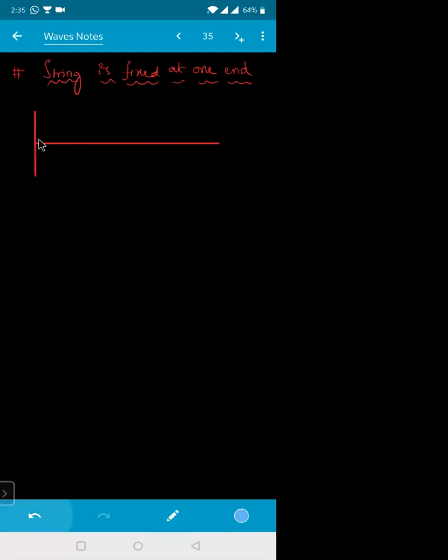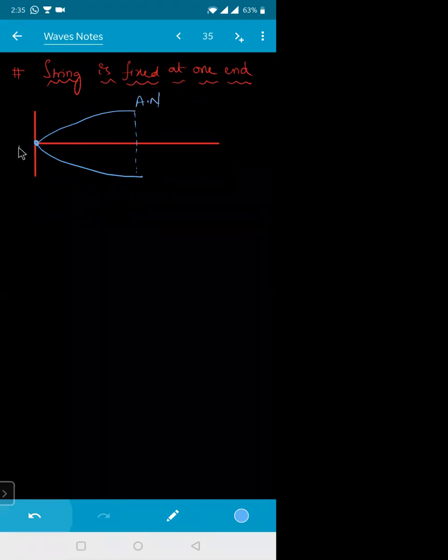Okay, so the vibration will go like this. This point will represent me what, beta? Antinode. And this will represent me your node.